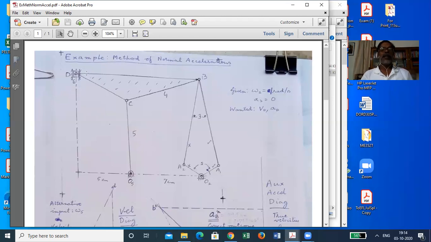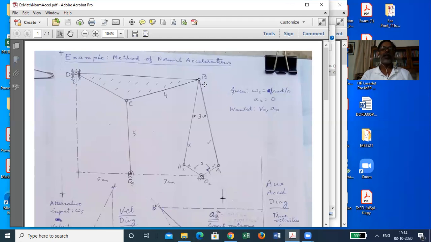However, make note that this is complexity of low degree. Why? Because if the input were not here, if the input were somewhere here or here, then it would not be complex. Keeping everything same except changing the input link, if that makes it a simple mechanism, then you say that it is low degree of complexity. Take the input here and then you can put everything proper. By use of this input, you position this and then you cut an arc on this line and you get position of this.